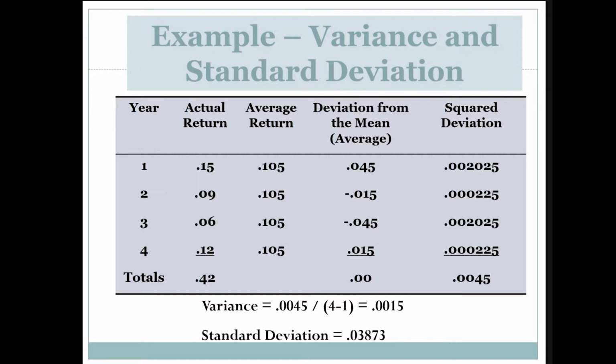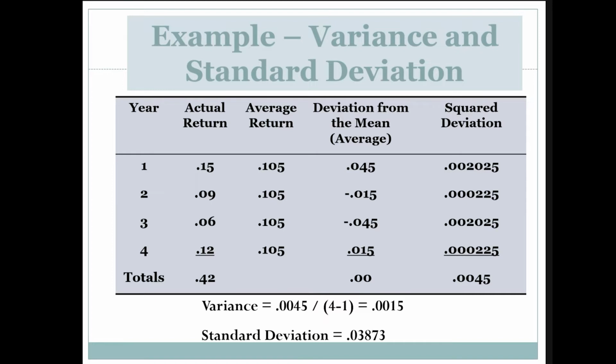So that's 10%. So we just took the simple average here, added the four returns together, divided by 4. 10.5% is our average. The deviation from the mean, which is another word for the average, is in that third column. So this is subtract the average return from the actual return. So we can see that there has been some fluctuation. The squared deviation is taking the deviation and squaring it, so multiplying it by itself. And we then divide by the number of observations.